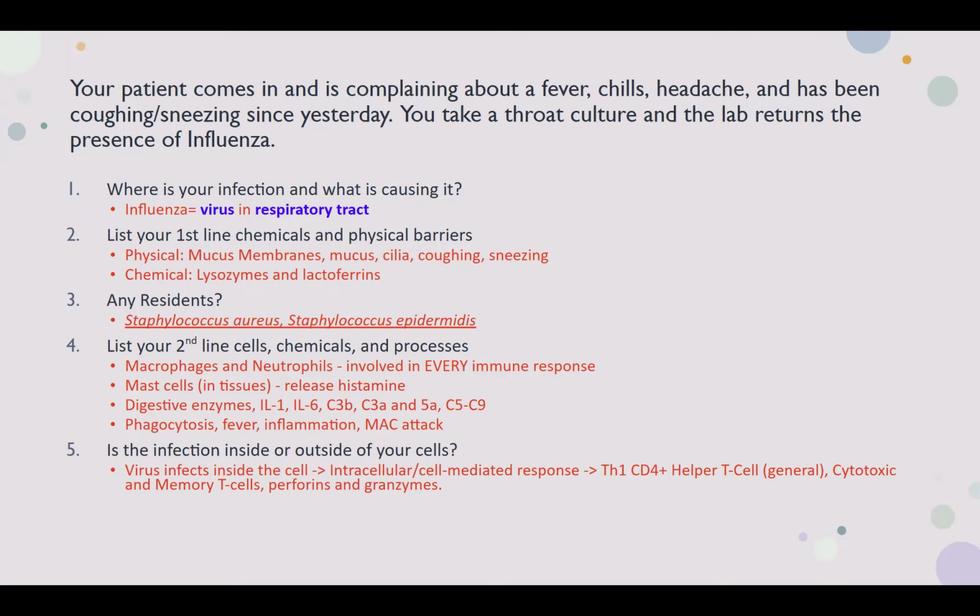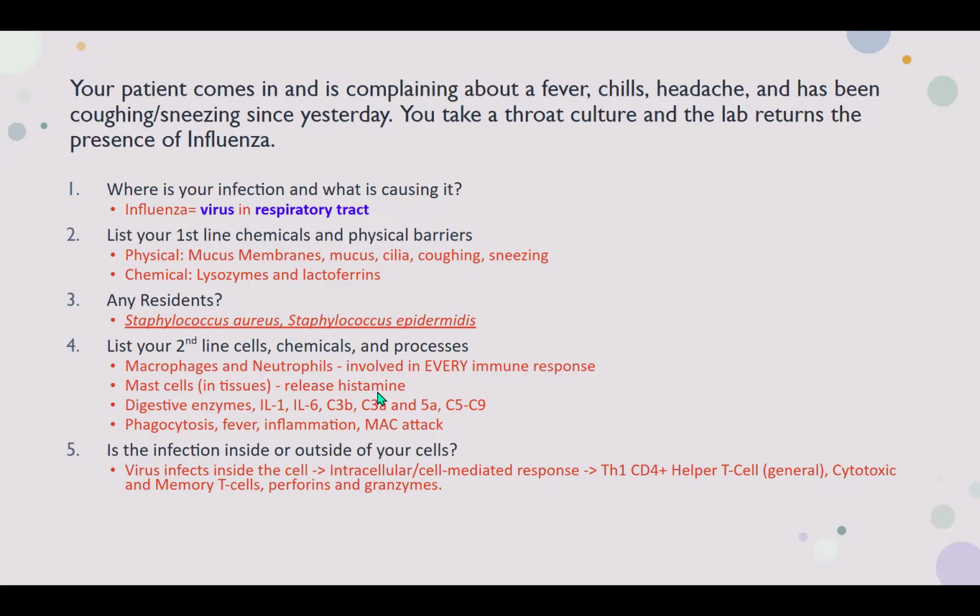What second line chemicals and processes are involved? Again, that goes down to digestive enzymes and C3b. Those are involved in phagocytosis. You have interleukin 1, which is involved with fever. You've got C5 through C9, which is involved in the MAC attack.